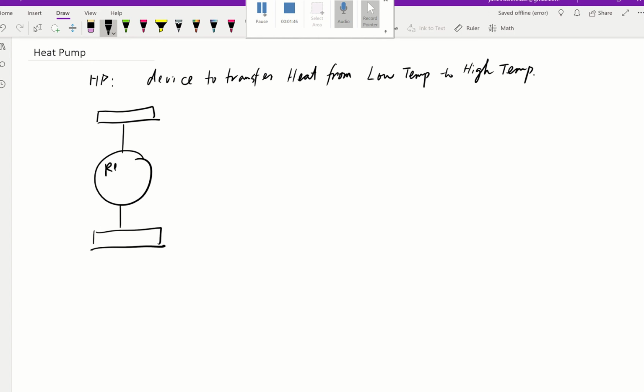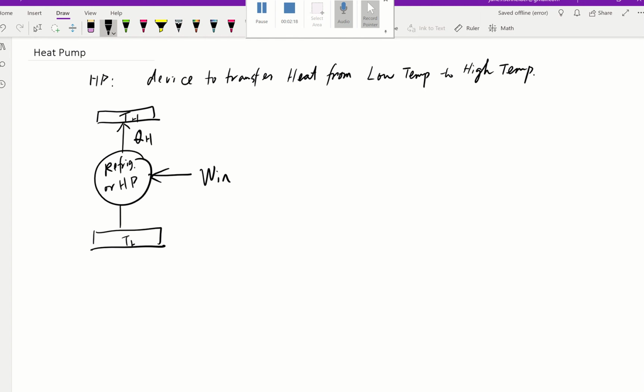So this is our refrigerator. Now we call it a heat pump. If it's a heat pump, we also have here TH, the higher temperature reservoir, and TL. We know from refrigeration, we need work coming from the compressor, and here we have heat leaving the system to the kitchen, right?